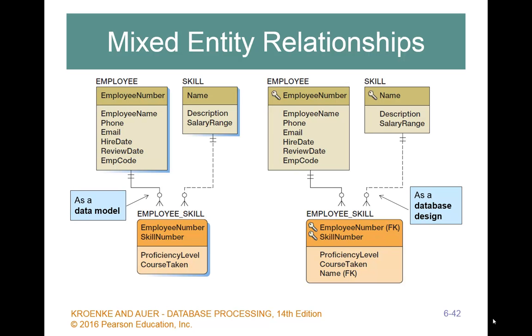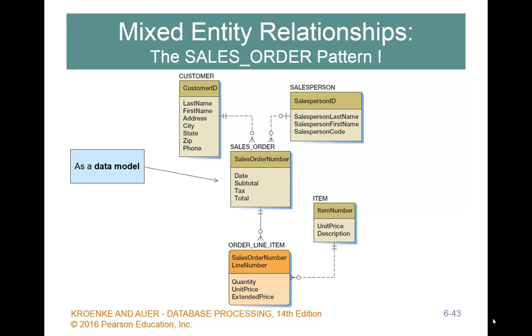Here's just another example of where we had taken the data model. And notice, if you have a mixed entity type relationship, where you have some non-identifying and identifying relationships in your ER model, what you need to pay closest attention to is what are my identifying or ID dependent relationships.